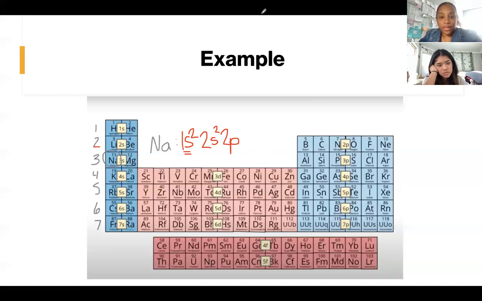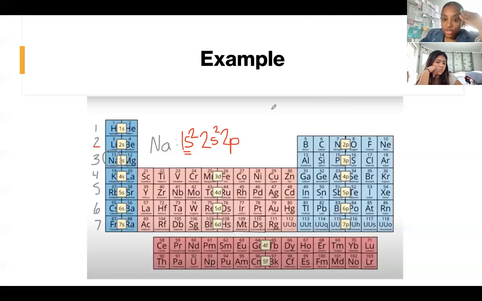Okay, so I'm gonna walk you through this one and then you'll do the next one, okay? So here's the deal. When you're figuring out the electron configuration, as I said earlier, the number of elements across also helps you figure out the number of electrons that orbital will hold.